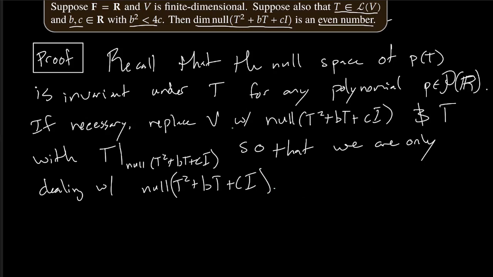That is, if this null space is not equal to all of V, then just pretend that it was and restrict T to an operator on that invariant subspace.